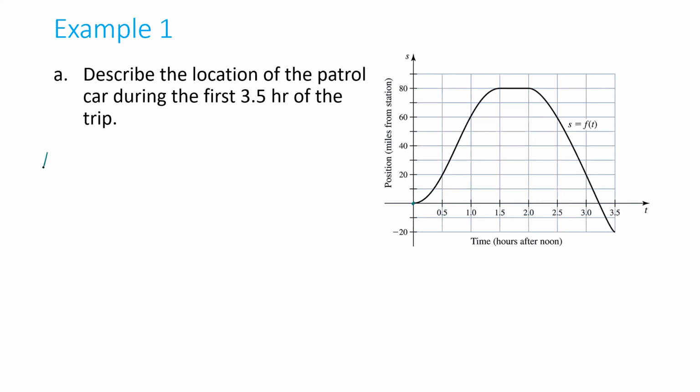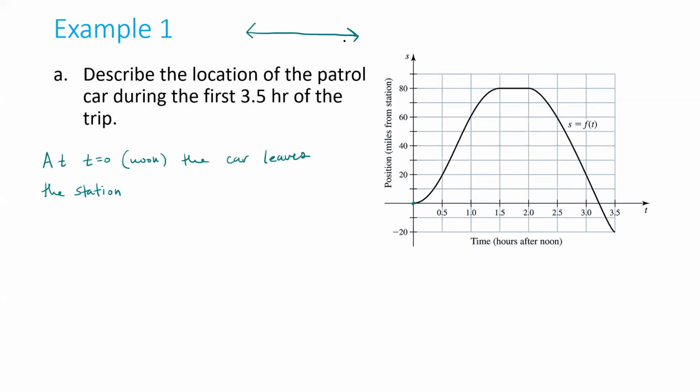So at t equals 0, which is really noon, right? The car leaves the station. What direction is it going? Is it going east or is it going west? East. Good, it's going east because we've decided that east is the positive direction.